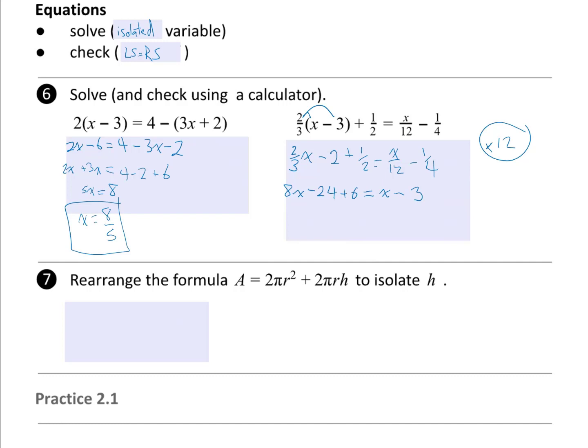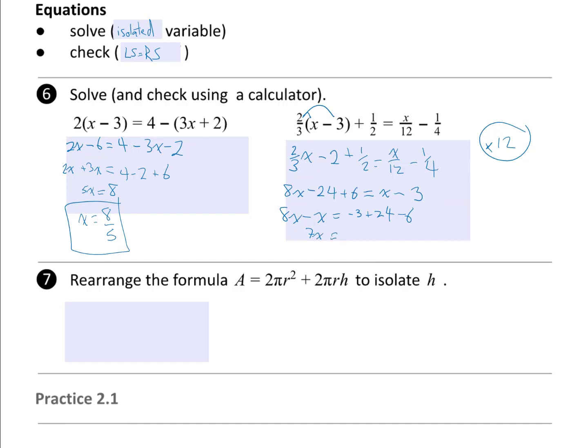Perfect. Now I can collect like terms. I'm going to move the x's over to the left side and then move the constants over to the right. So I'll have negative 3 plus 24 minus 6. And then I'm left with 7x on the left side.